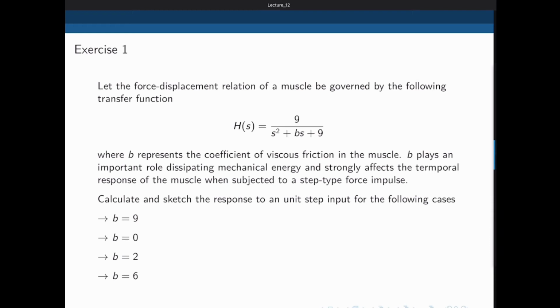Let me just erase the whiteboard, and then we're going to do all these cases together. This is just going to serve as a way to recap everything we talked about, because each of these cases is one of the cases we just addressed. Let's start with b equals 9.